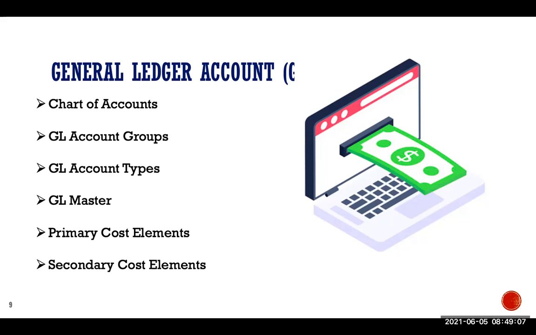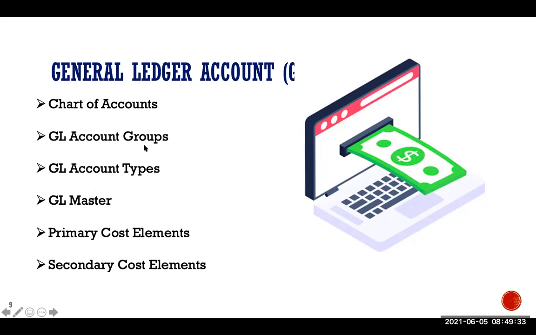So the group is one and the type is another one. Both are required to form your GL accounts. When I create a GL account master data, I need to specify that this particular GL master belongs to a particular group and a particular type. So that is a key.